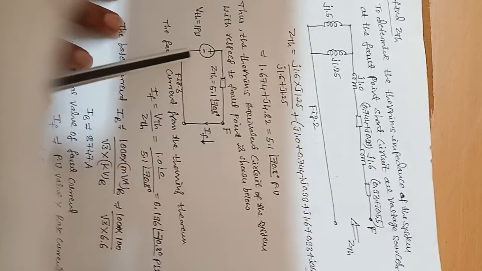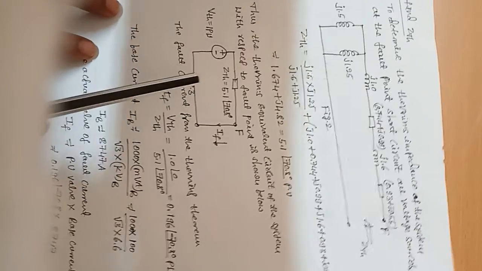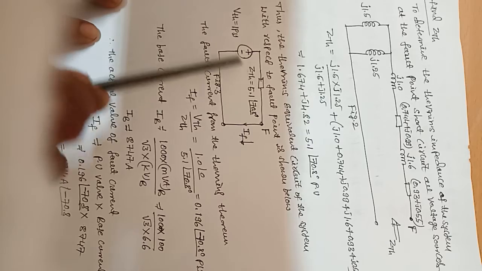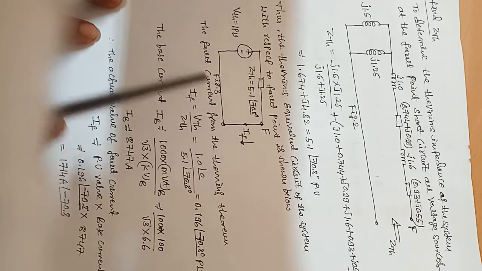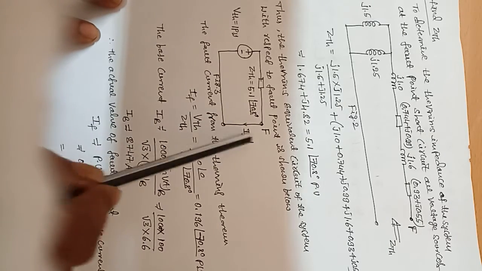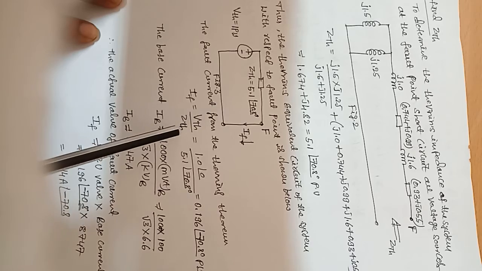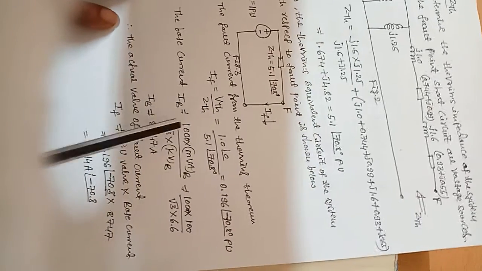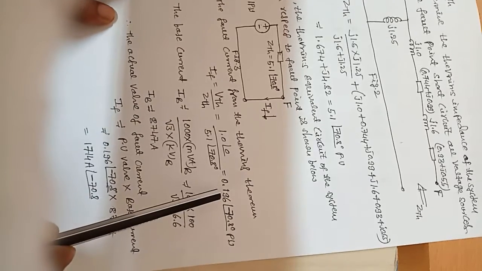So now I have written Thevenin's circuit. Thevenin's voltage is already calculated, 1 per unit, along with Thevenin's impedance, so fault current equals Thevenin's voltage divided by impedance. Substitute it, you will get this one. Now I need to calculate the base current because I want to convert this into an actual value.